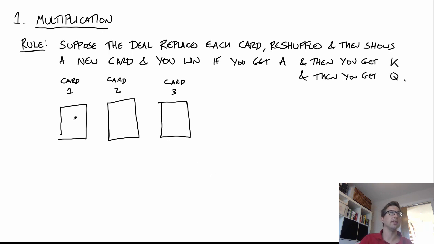I'm looking for ace, king, queen, but I could equally get 4, 2. And then also I could get a further 2, because I could get a 2 twice. After reshuffling I could get the same card again. So then we think about, well, what could happen?